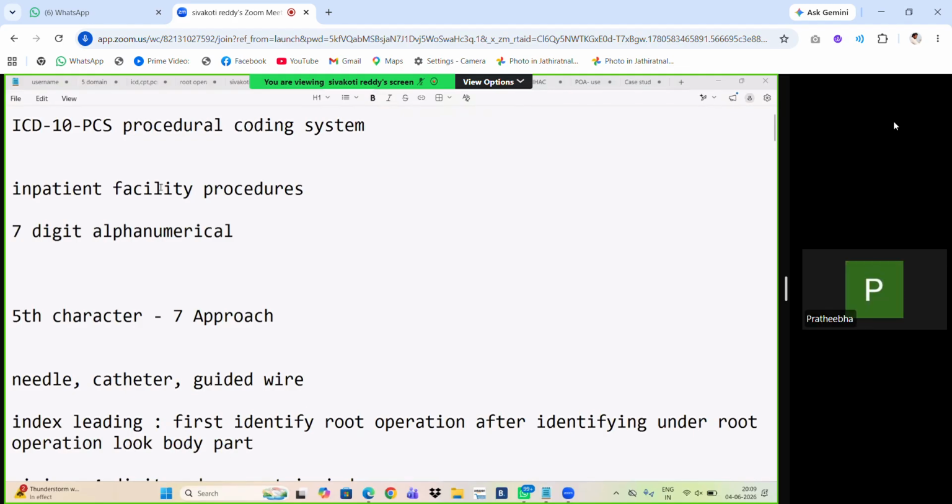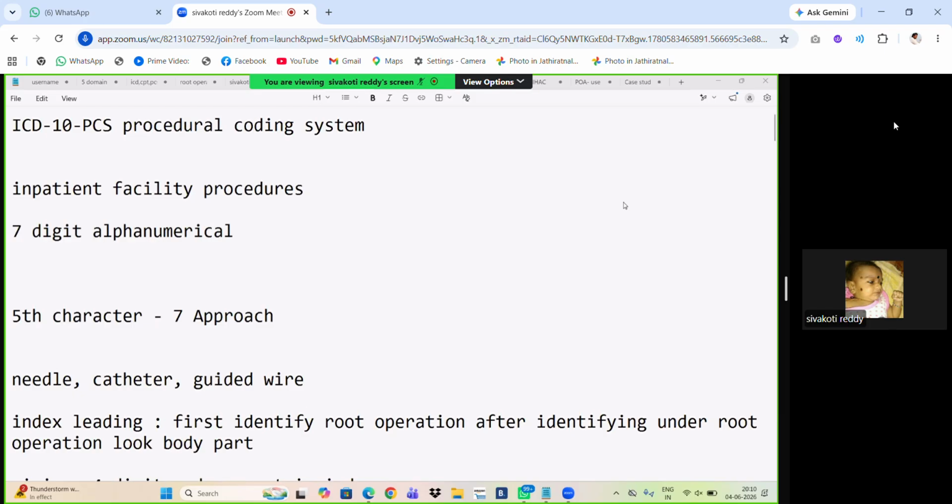If it is less than 24 hours, it is outpatient; more than 24 hours, it is inpatient. Correct. Whoever stays in the hospital more than 24 hours should be considered as inpatient. Whoever is discharged within 24 hours is considered as outpatient.